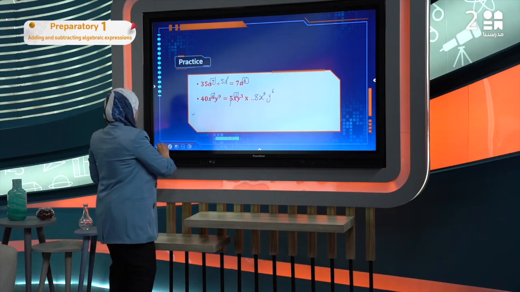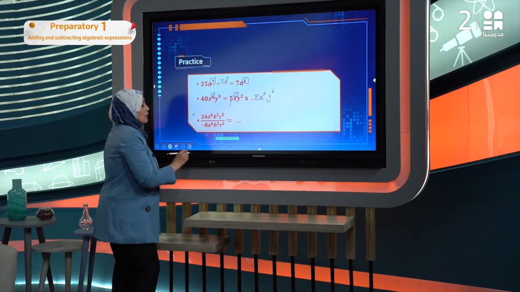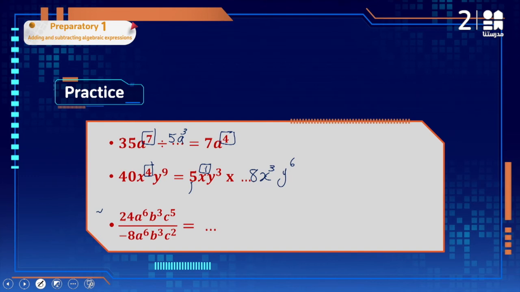Let's take another one. Here I have a fraction, 24a to the power of 6, b to the power of 3, c to the power of 5, over, and as we said, over means divide, negative 8a to the power of 6, b to the power of 3, c to the power of 2.